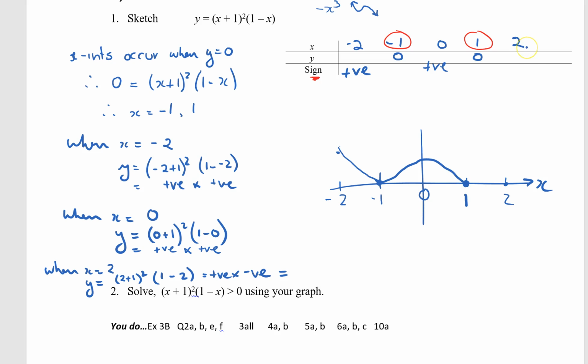Then we're left to investigate what's going on when x is 2. So sub that into here. So 2 plus 1 all squared, 1 minus 2. Any bracket squared will be positive, times 1 subtract 2 is a negative, and a positive times a negative is a negative. So the y value is negative.